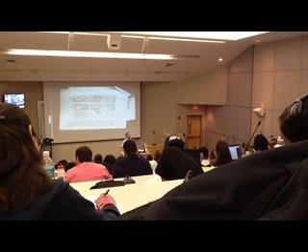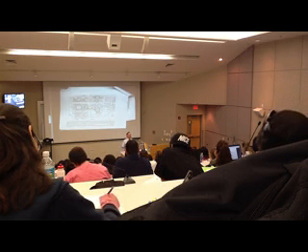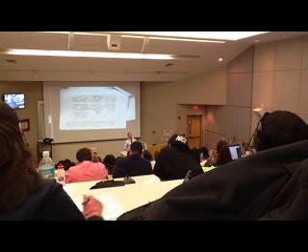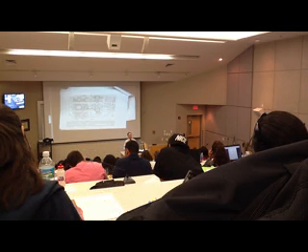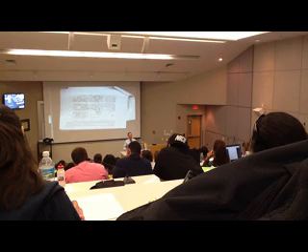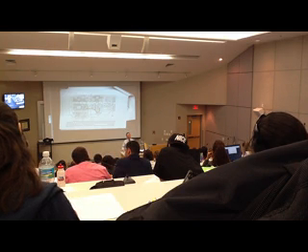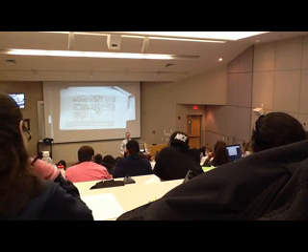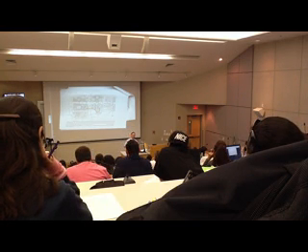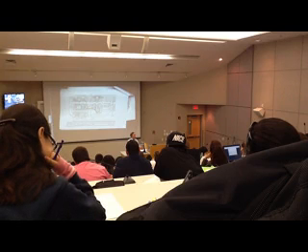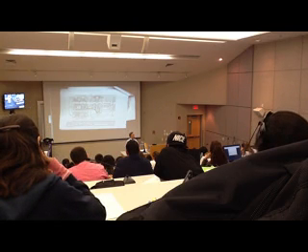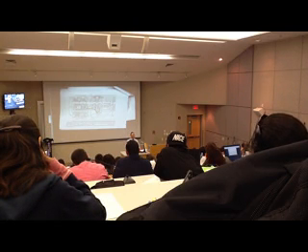What happens if the balance tips towards the acetylcholine side? Less movement, or inhibition. What happens if you tip it towards the dopamine side? More movement. So the two neurotransmitter systems are antagonistic to one another.